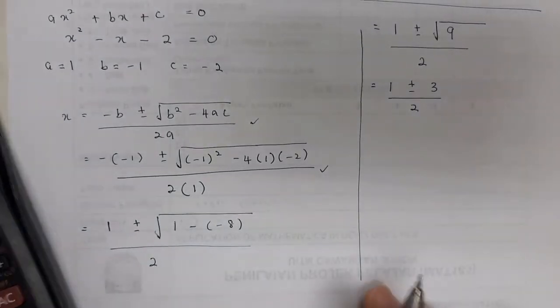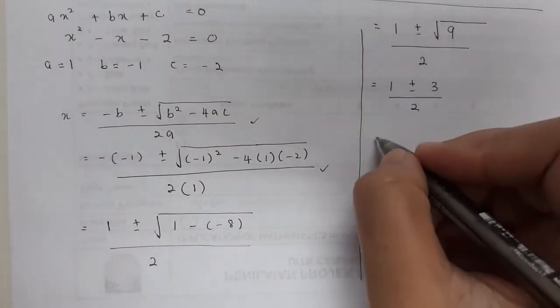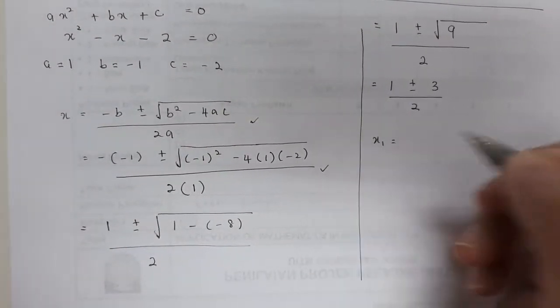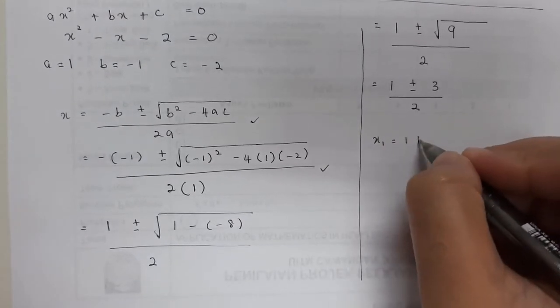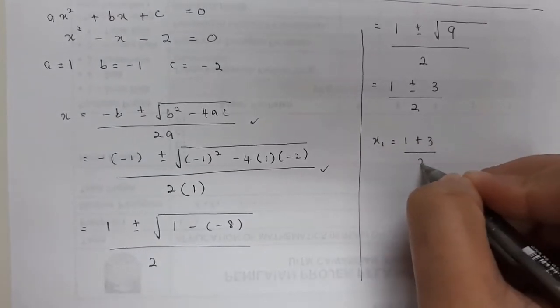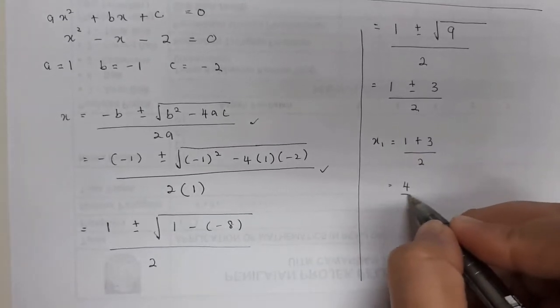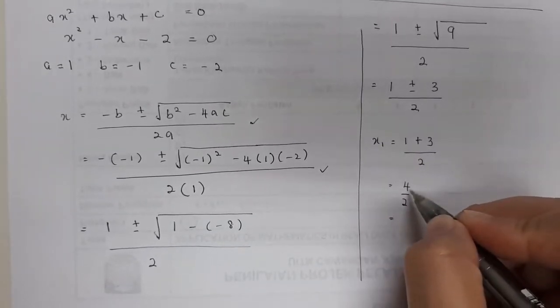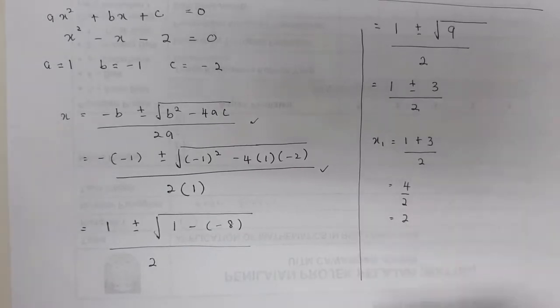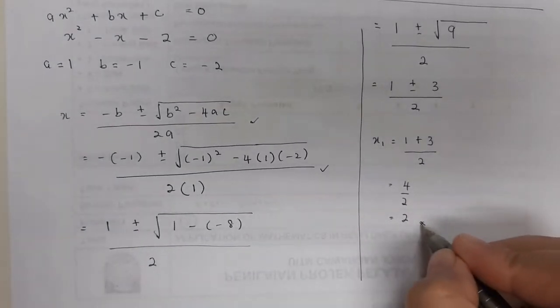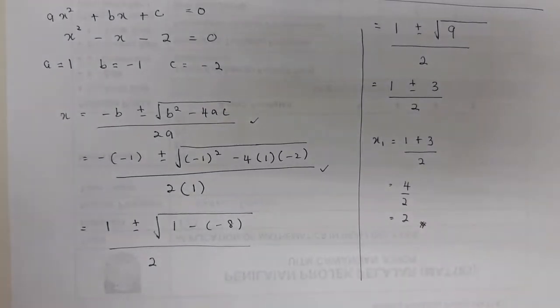Okay, how to get the final answer? The first value of x is 1 plus 3 over 2. 1 plus 3 equal 4. 4 over 2. Okay, simplify 4 over 2 is equal to 2. That is the first value of x.